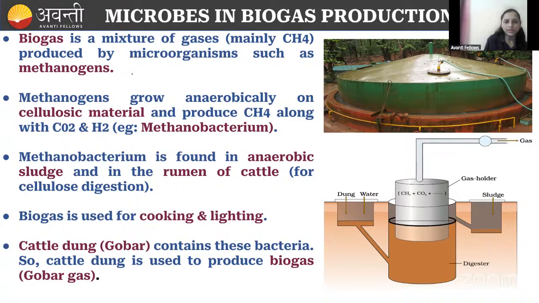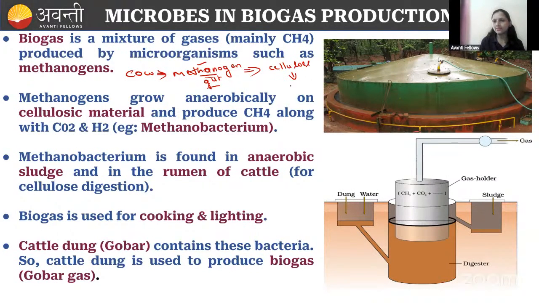Okay. So you all know the cow, right? The cow has methanogens in its gut. It has bacteria, that is, methanogens. The rumen of the cattle consists of methanogens. What do they do? They digest the cellulose.